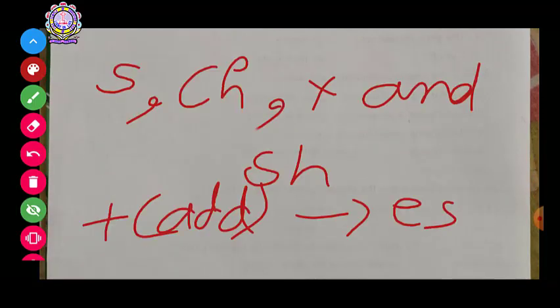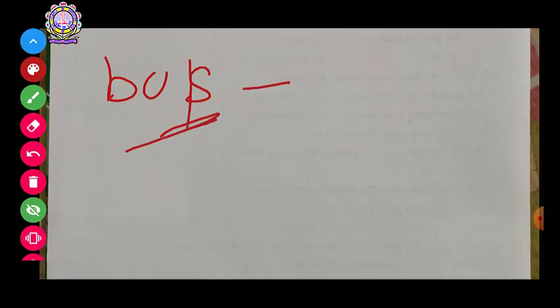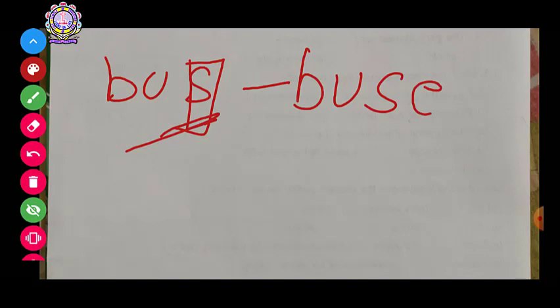We have to add ES in it. Is it clear? For example, suppose it's written bus. S is there at last, so we will write bus, then we will add ES in it.